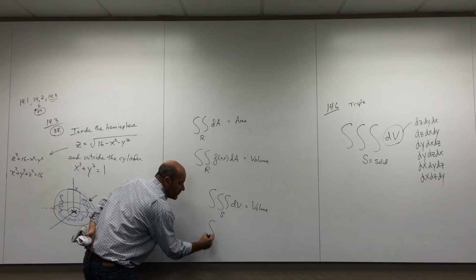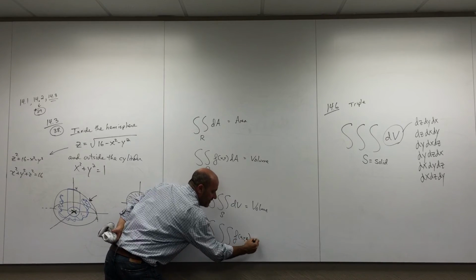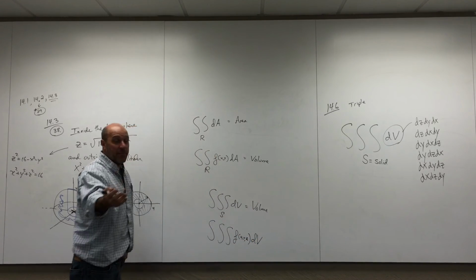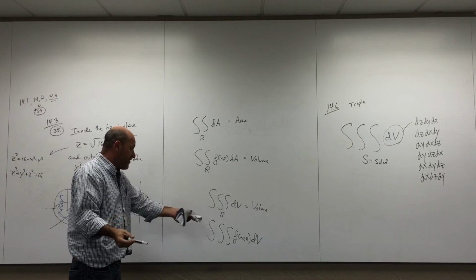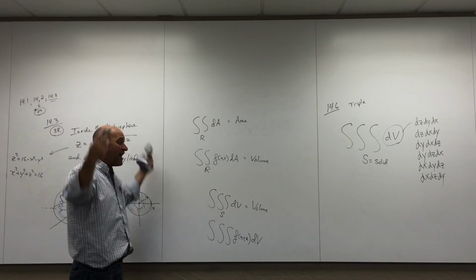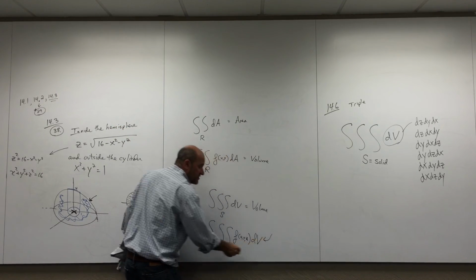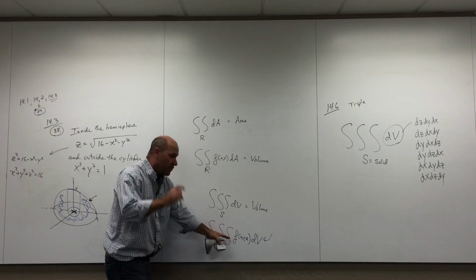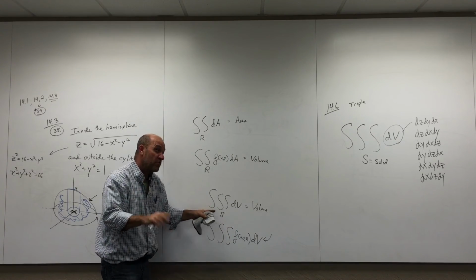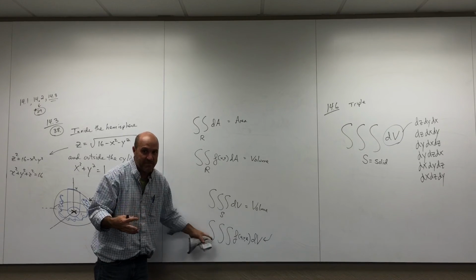And what if you did a triple integral that had a function in it? So now you're really up another dimension. Now this is some fourth dimensional quantity. I don't have a geometrical idea for this. Now, there's a lot of physics ideas here. If this is a density function and you're integrating the density over a volume, perhaps you're calculating the total mass. There's some physics ideas where this makes sense.